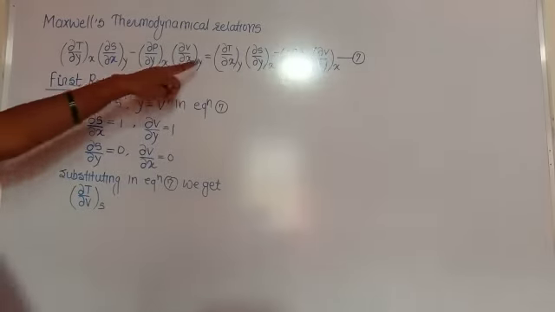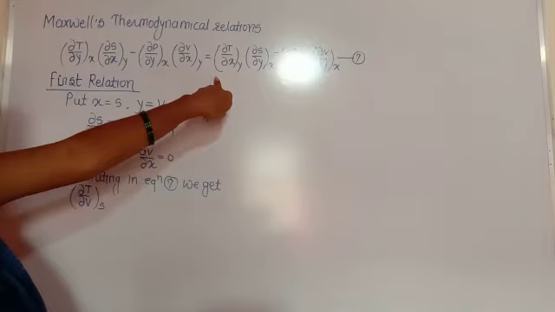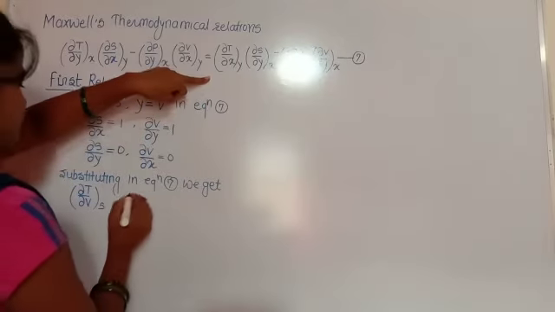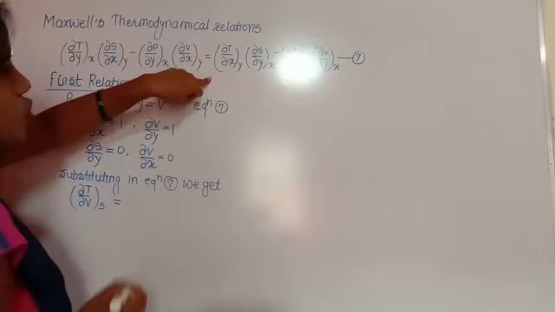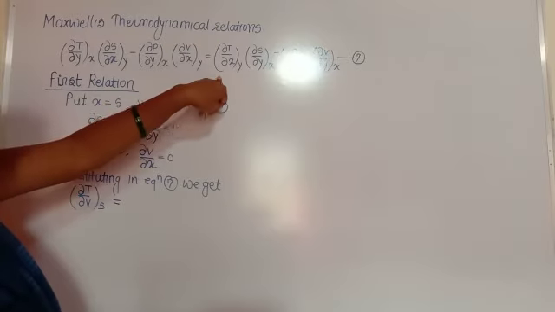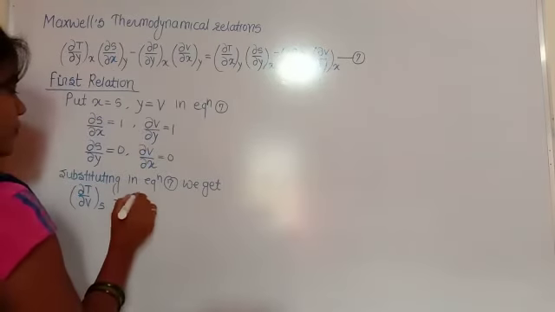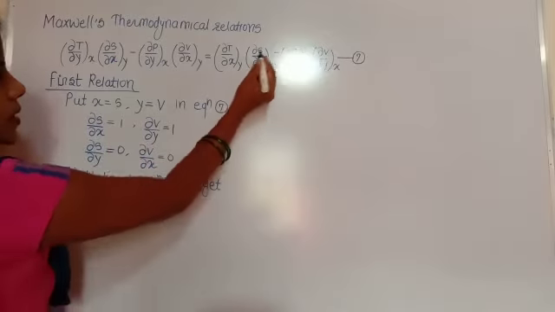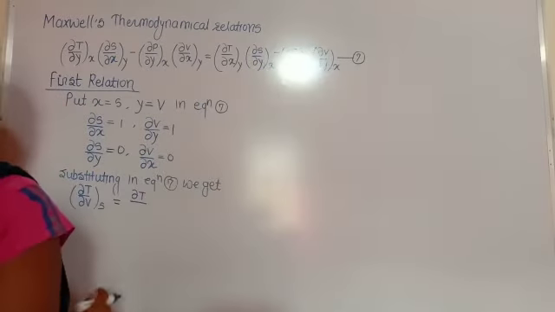Then the next one, del T by del x, that is del T by del S at constant, but the term del S by del y becomes 0.